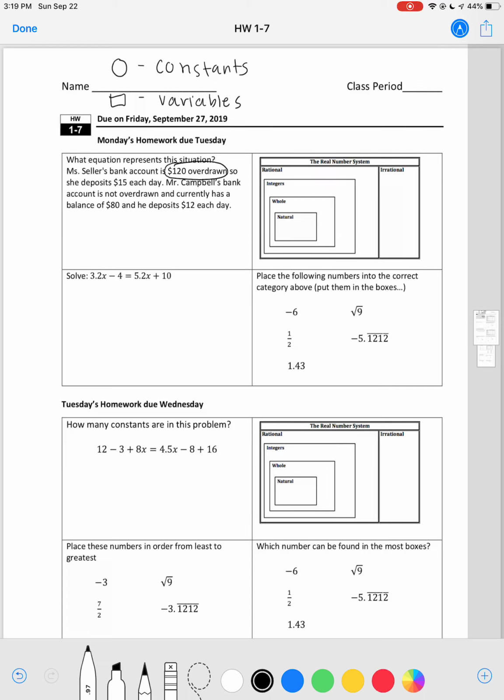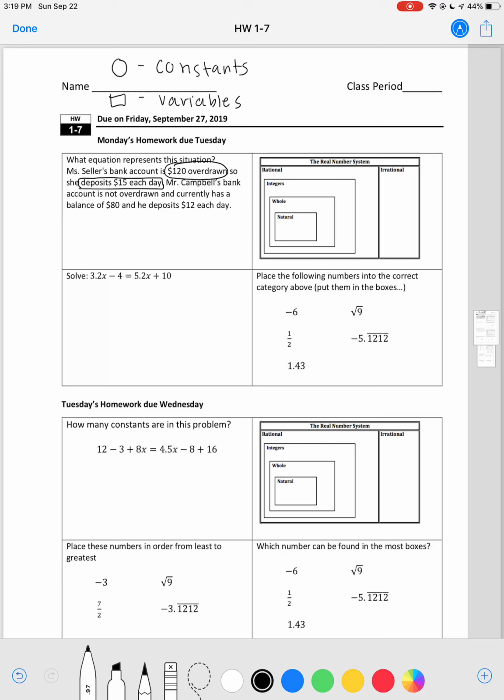So overdrawn means that she took out more money than she had, so that would be a negative amount of money. And then because of that overdrawn, she decided that she's going to deposit $15 each day. So depositing means giving money to the bank, to her bank account.